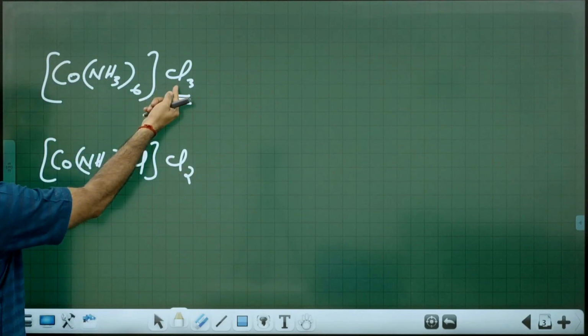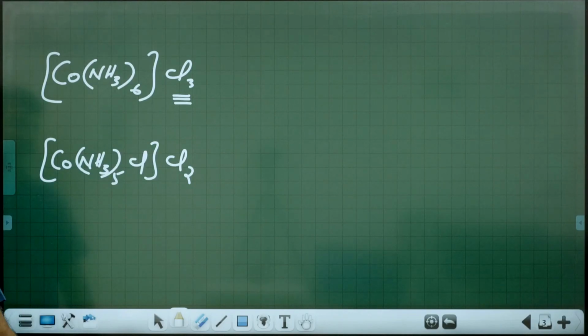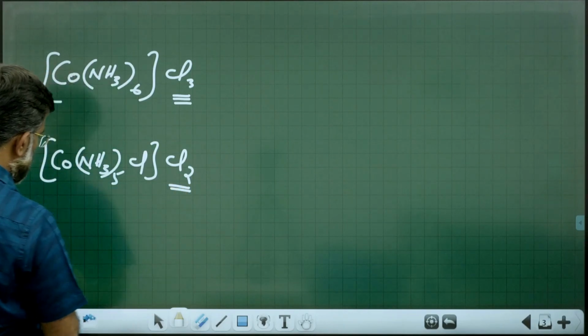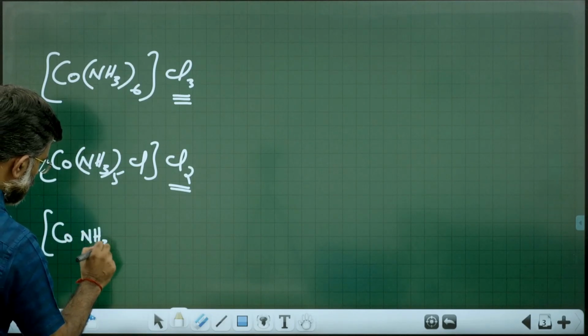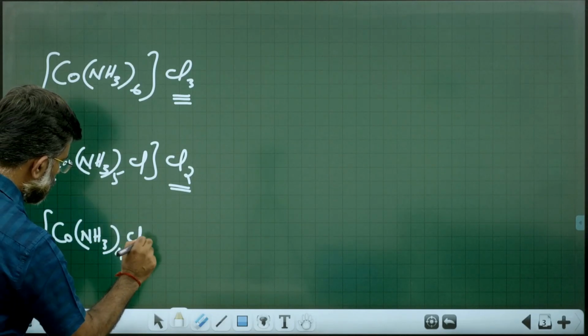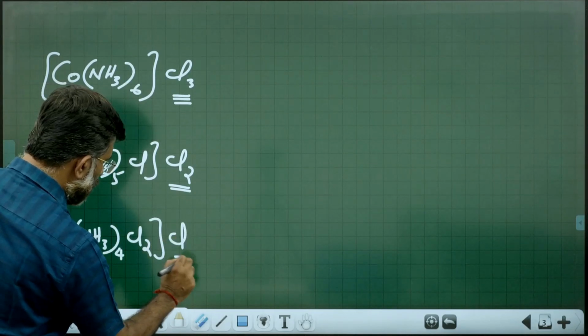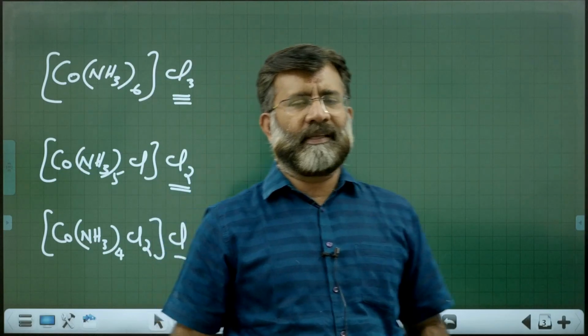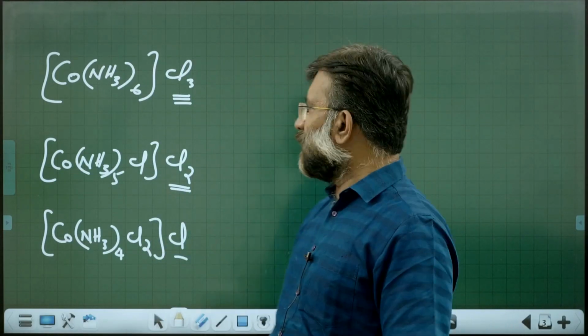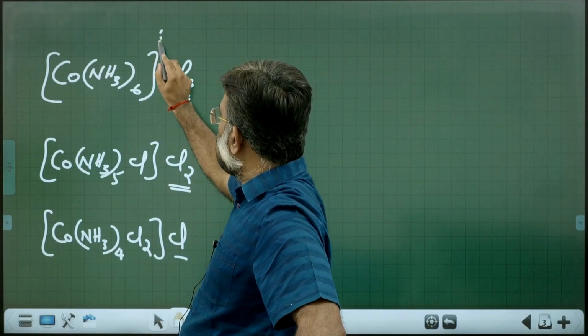Out of the 3 chlorine, 1 chlorine comes inside. So 2 chlorine outside. And the third one, [Co(NH3)4Cl2]Cl. Only 1 chlorine outside. So the number of moles of AgCl precipitated can be observed from ionizing part.